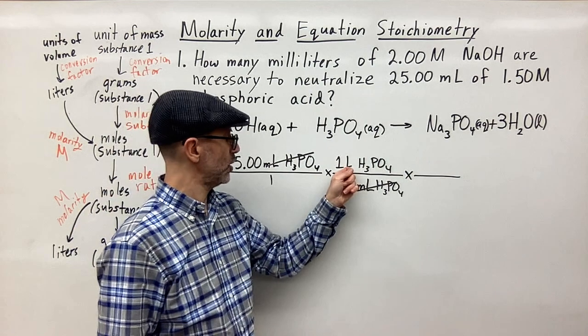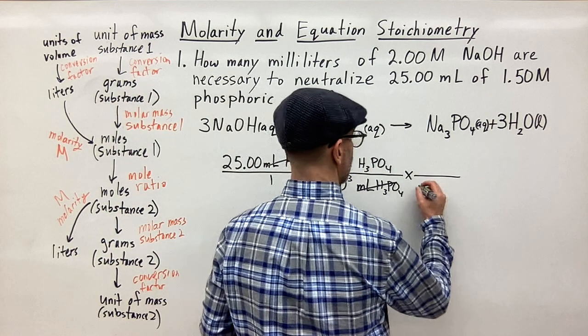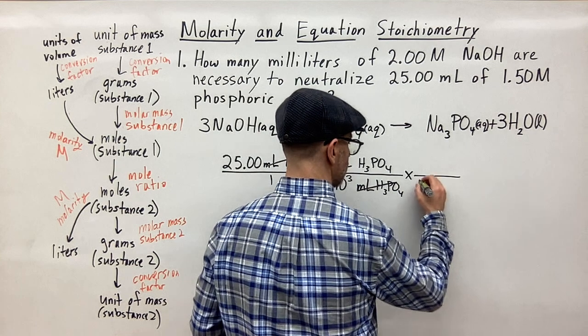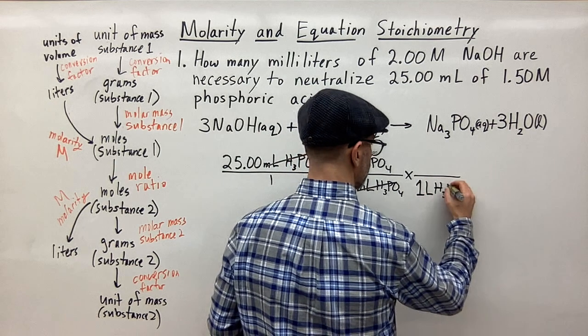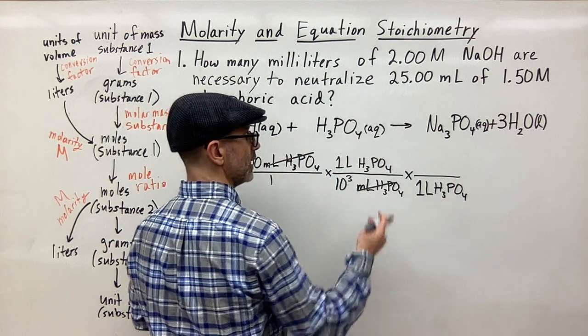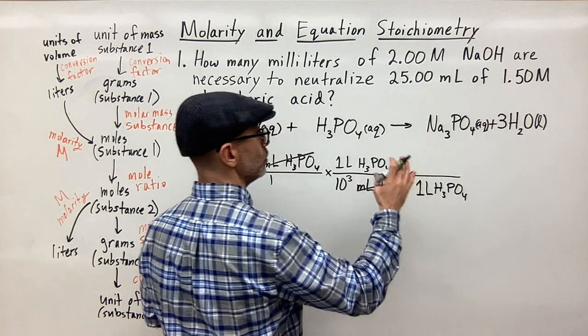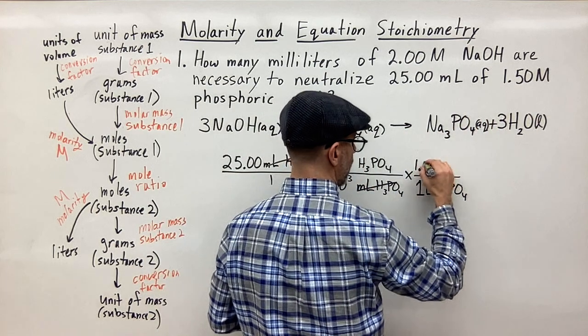So here I have liters of the solution on top. So that tells me I'm going to put liters on the bottom. So I have 1 liter of the H3PO4 solution. And then on top, I'm going to have moles. How many moles? 1.50 moles.